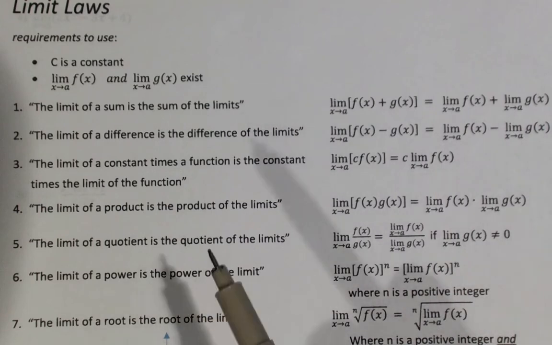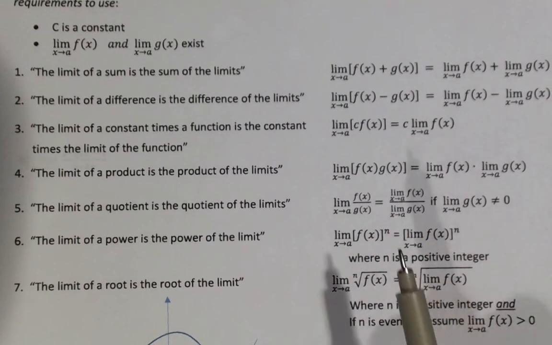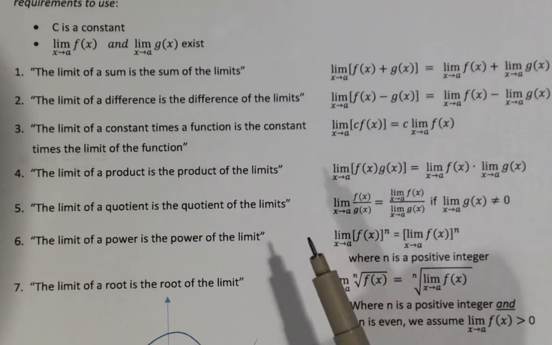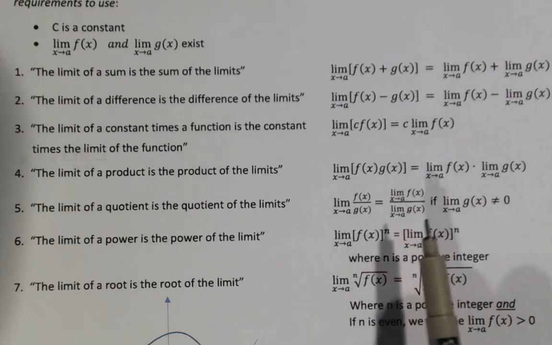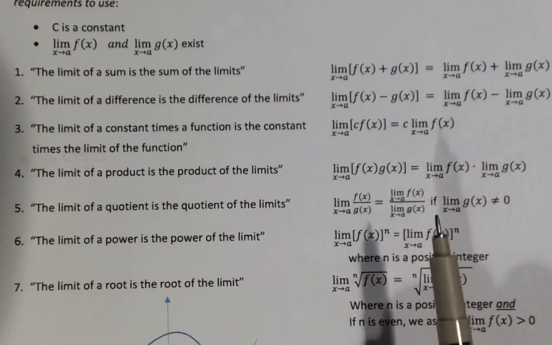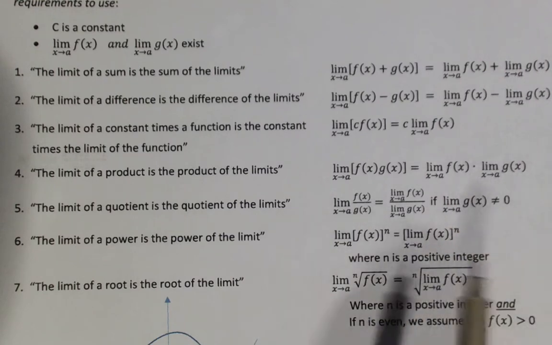However, we have to have a little bit of a restriction there. So when we look at this, the limit as x approaches a of f of x divided by g of x is equivalent to the limit as x approaches a of f of x divided by the limit as x approaches a of g of x, as long as the limit as x approaches a of g of x is not 0, because I can't divide by 0.